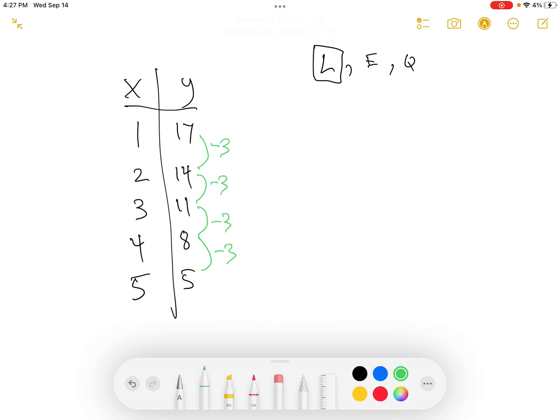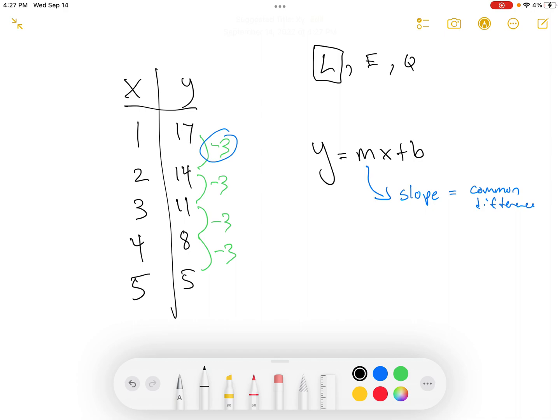Now, if it's linear, explicit equations for linear always look like this. y equals mx plus b. What does the m stand for? The m stands for the slope, which will always be your common difference. So here, my common difference is -3.